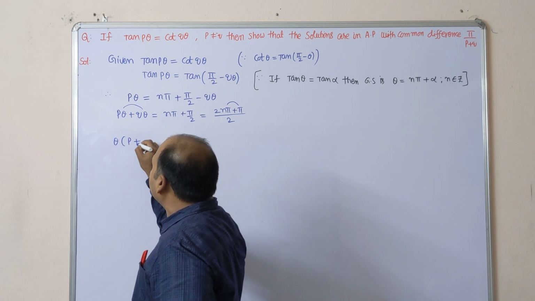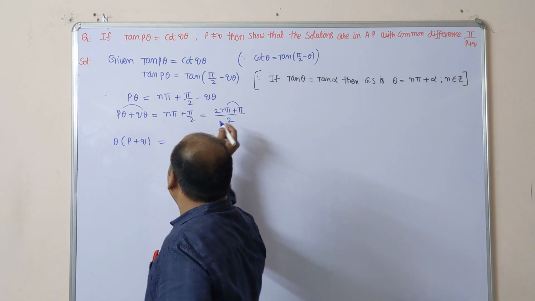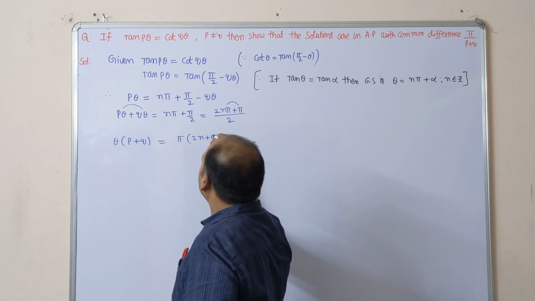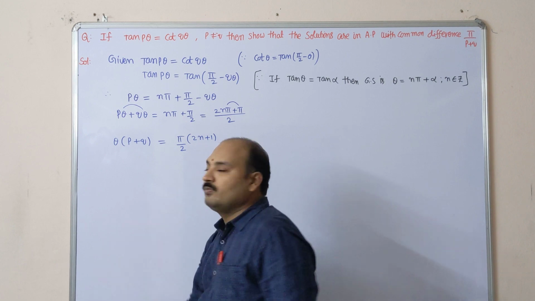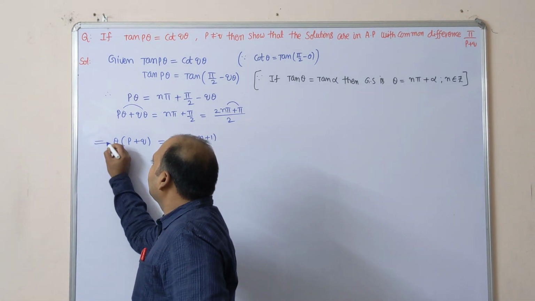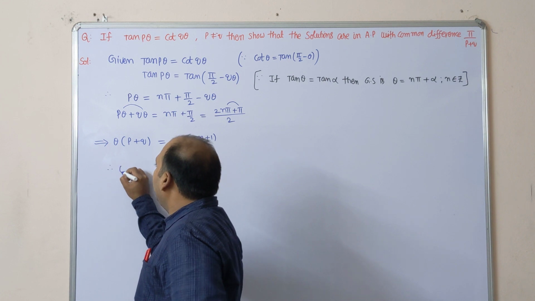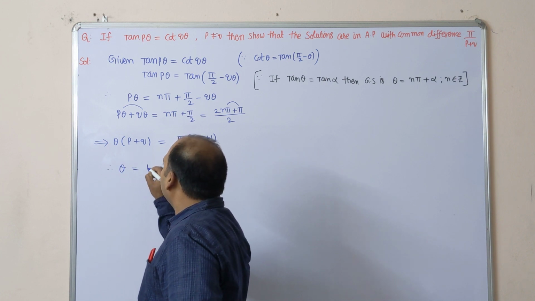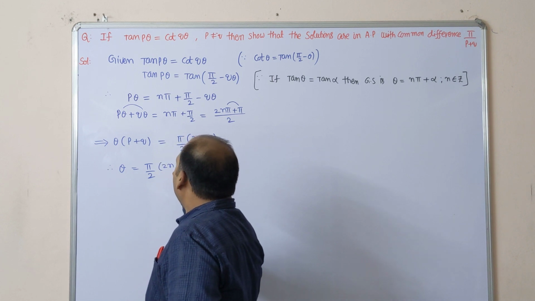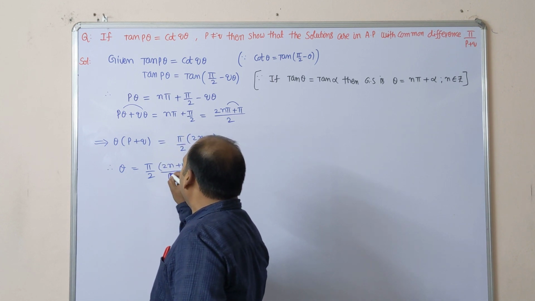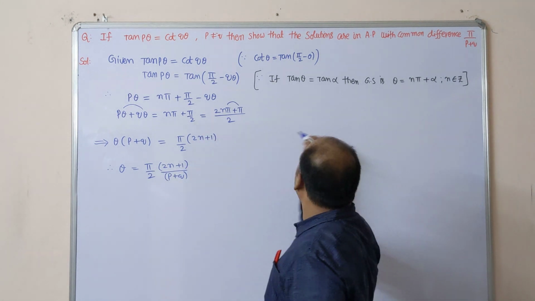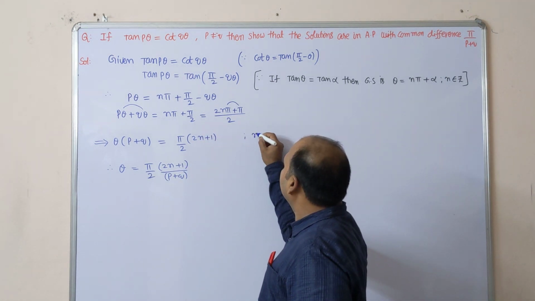Theta into p plus q is equal to pi into 2n plus 1 divided by 2. I want the theta value. Therefore, theta is equal to pi by 2 into 2n plus 1 divided by p plus q, where n belongs to Z.